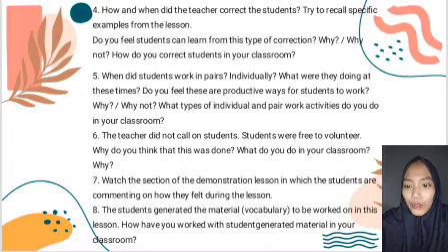5. When the students worked in pairs and individually, what were they doing at this time? Do you feel these are productive ways for students to work? Why? Why not? What types of individual and pair work activities do you do in your classroom? 6.